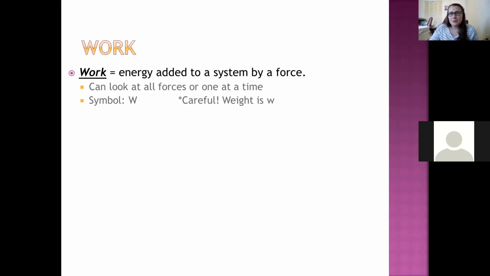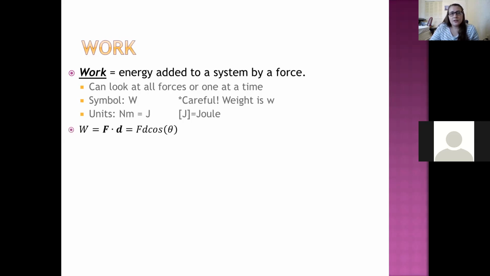Also, capital W is a unit for watts, which is related to this topic as well, but not the same thing. So just be careful with that. The units of work are newtons times meters or joules. So sometimes you'll see it Newton meters, but really a Newton meter is a joule, capital J.